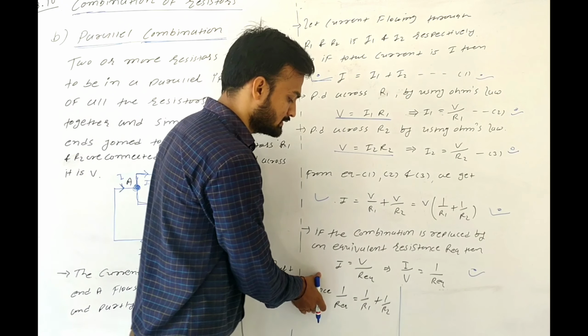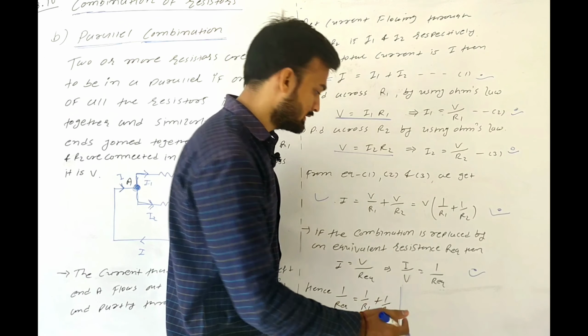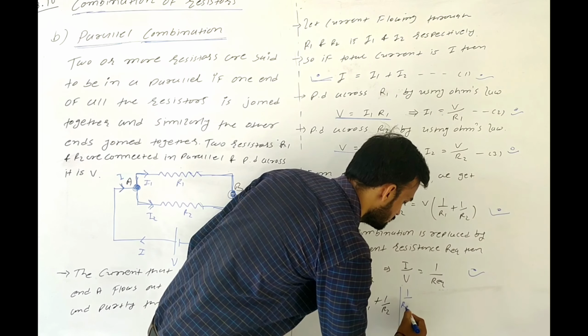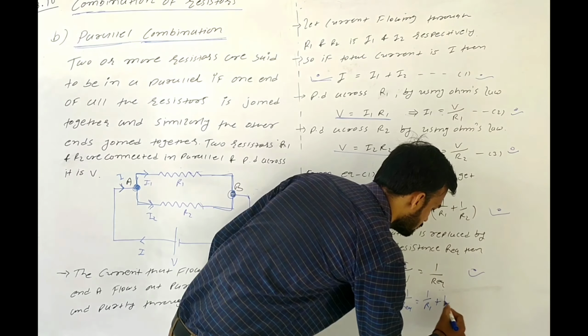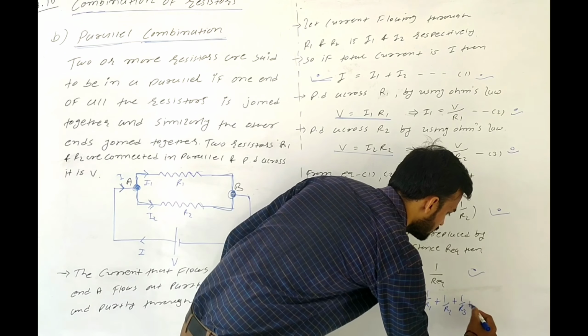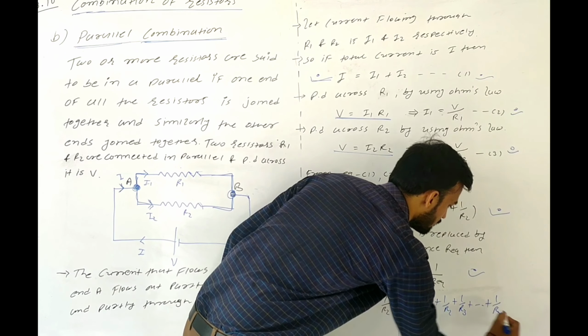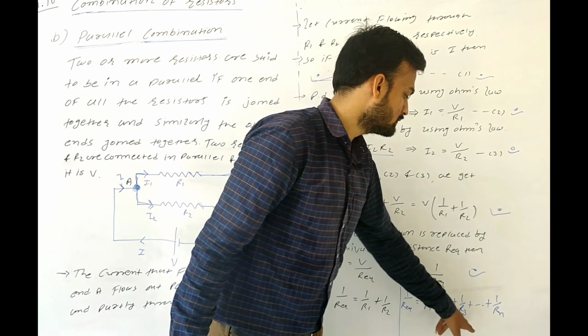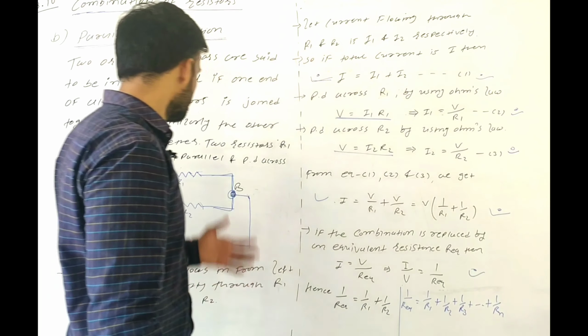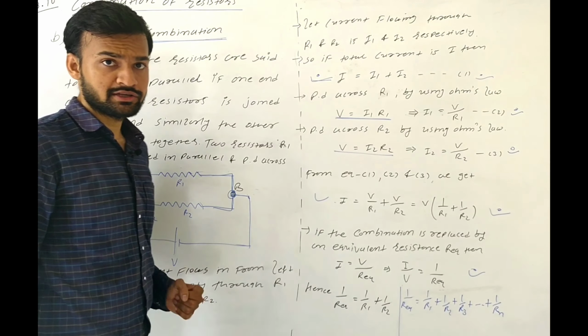This equation is also applicable for n resistors. Writing it for n resistors, 1 over R equivalent equals 1 over R1 plus 1 over R2 plus 1 over R3 up to 1 over Rn, where R1, R2, R3 up to Rn are connected in parallel with each other.